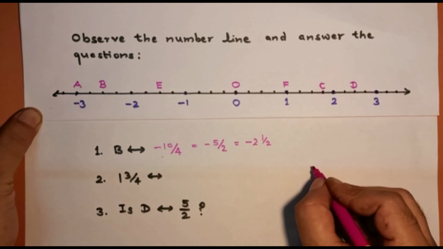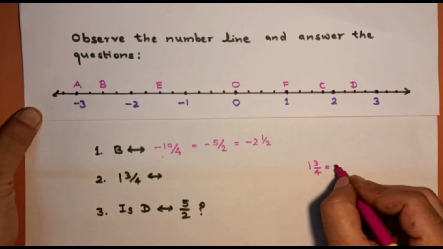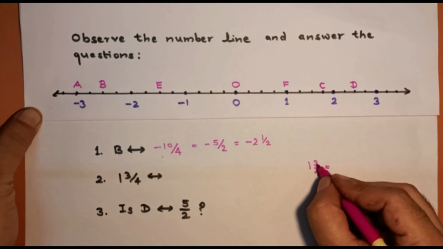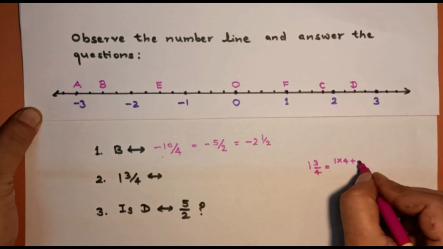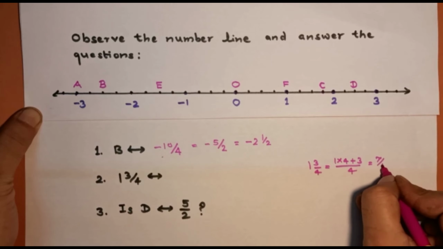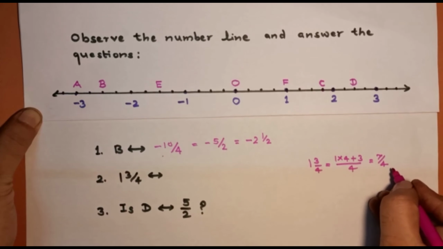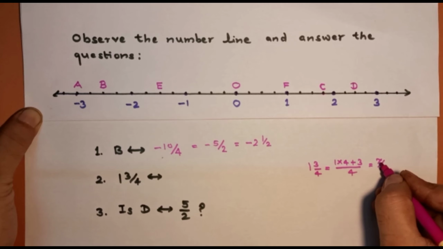Now the next question, which point indicates the number 1 and 3 upon 4? First of all, try to see 1 and 3 upon 4 is nothing but 4 ones are 4 plus 3, 7, 7 upon 4. So 1 into 4 plus 3 upon 4, which is 7 upon 4. The denominator is 4 and the numerator is 7.